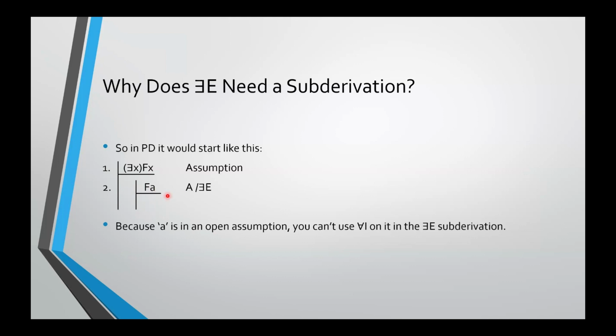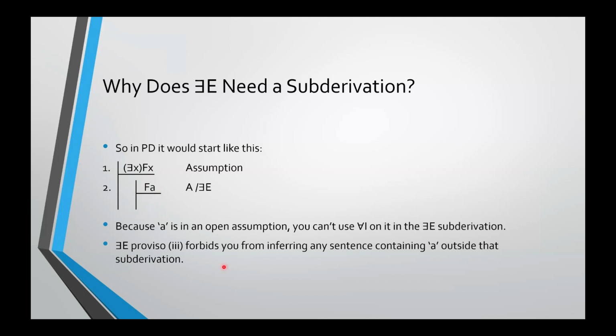If you're really determined to use a universal introduction, the other possibility would be to try to pull FA out of the subderivation, and then do it in the main derivation, but you actually can't do that either because of the last of the provisos for existential elimination. It says that any sentence that contains A cannot actually be inferred out of that subderivation, right? They have to remain inside the subderivation where you can't use universal introduction.